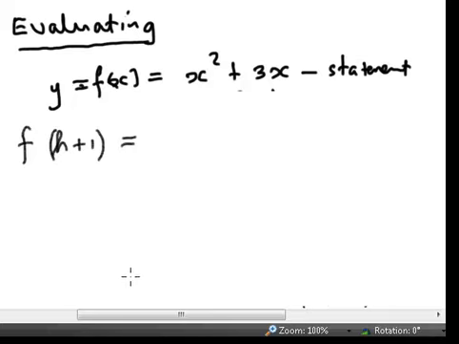Push the pen against the paper. In other words, now our argument is h plus 1, isn't it? Then which means now we should work out that function and evaluate that function at h plus 1.